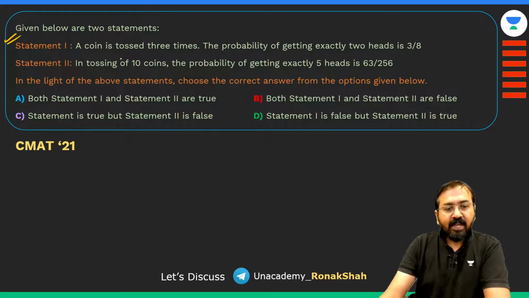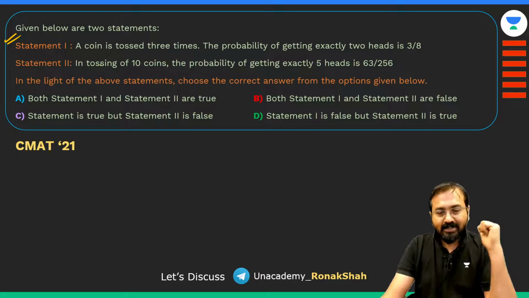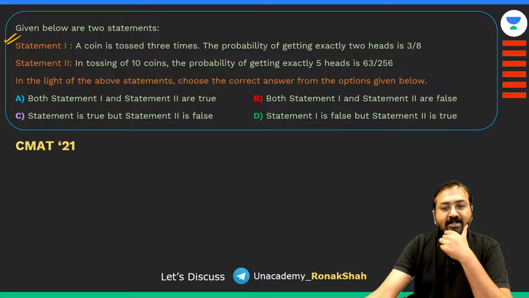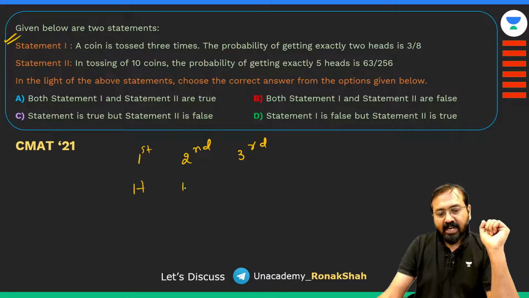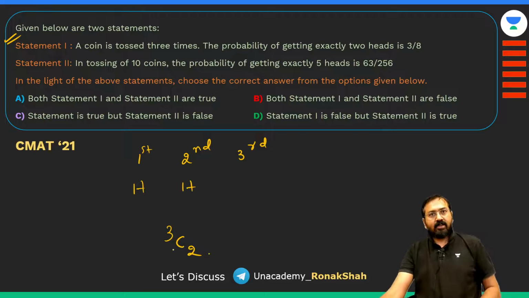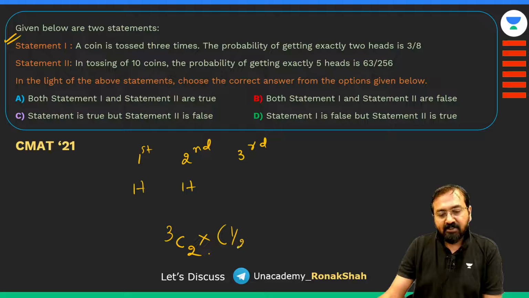So guys, if I toss a coin 3 times, or if I toss 3 coins together, it's one and the same. Probability of getting exactly 2 heads. So can I say first, second, third? 3 tosses. I can get heads at any 2 positions, so those positions can be selected in 3C2 ways. And whenever I get heads, the probability will be 1 by 2.